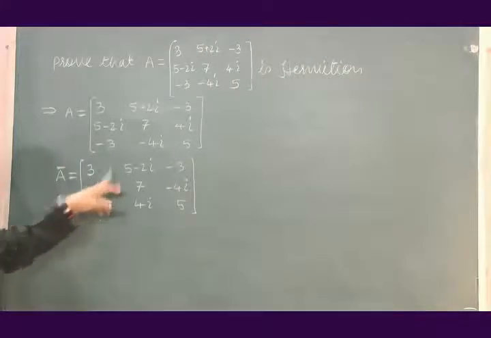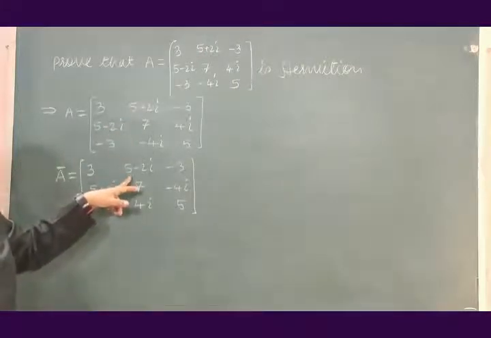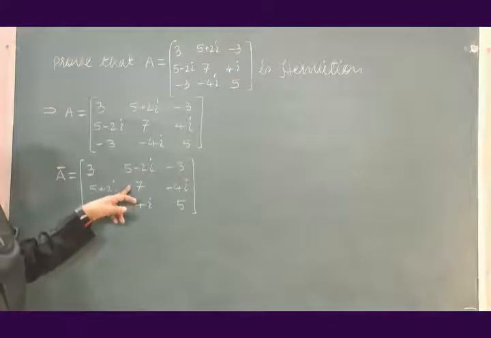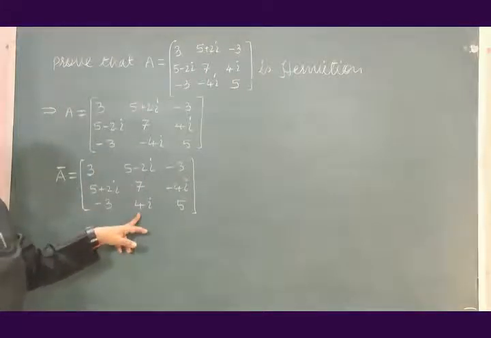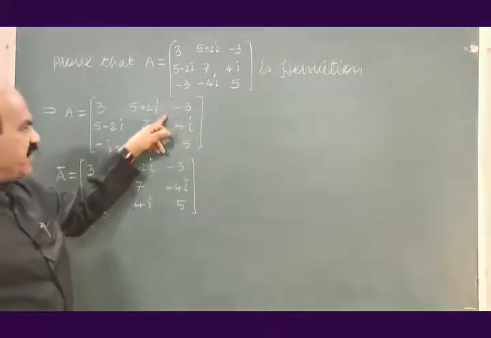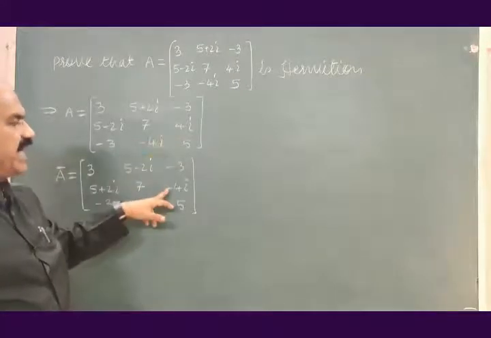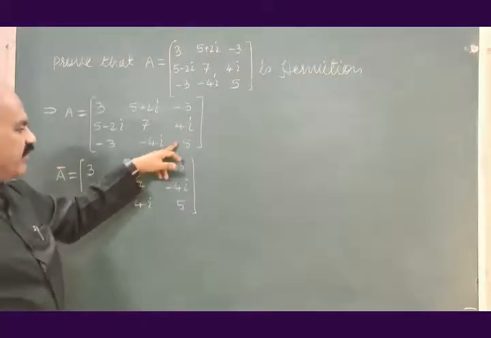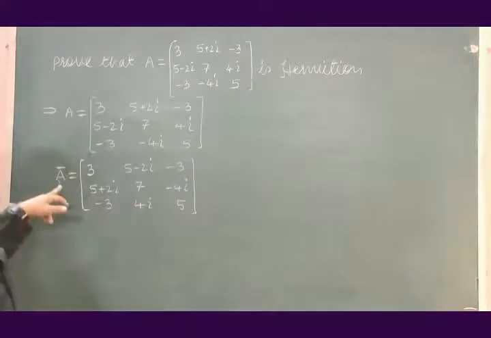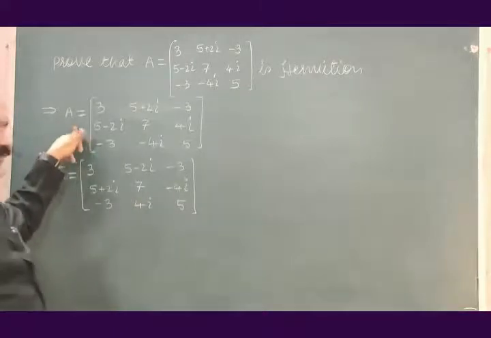Minus 3 written as it is, 5 plus 2i written as 5 minus 2i, 7 written as it is, minus 4i written as plus 4i, minus 3 written as it is, plus 4i written as minus 4i, 5 written as it is. This is the conjugate of matrix A.